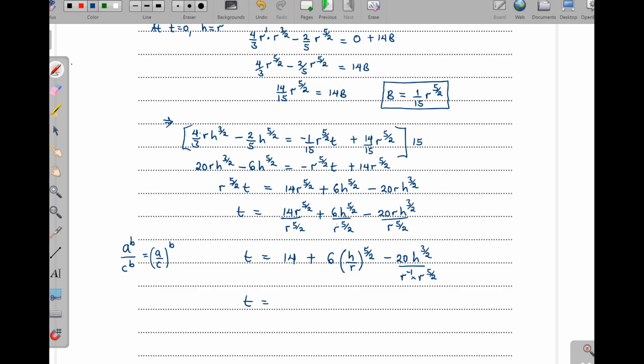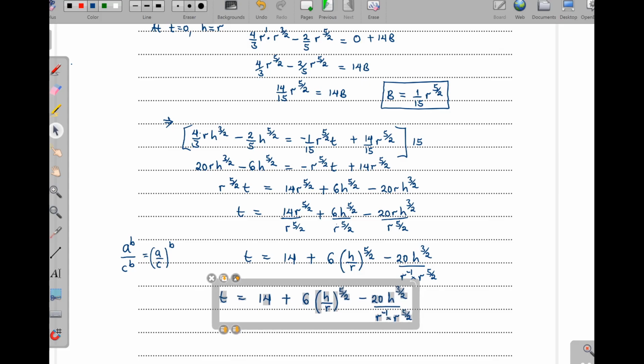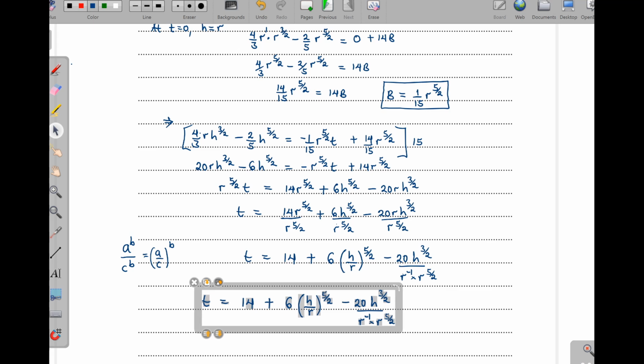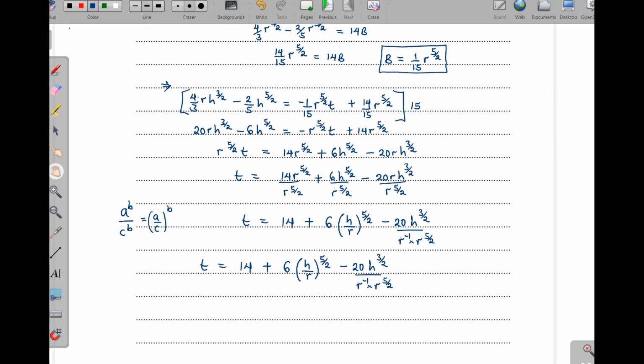Now t here will be equal to, in fact, let me not waste time. I'm just going to pick the whole of this, duplicate it, then put it down here. We have something like that. Then what are we going to have here? So this is 2.5 minus 1. Don't you get 2.5 minus 1? You get 1.5.